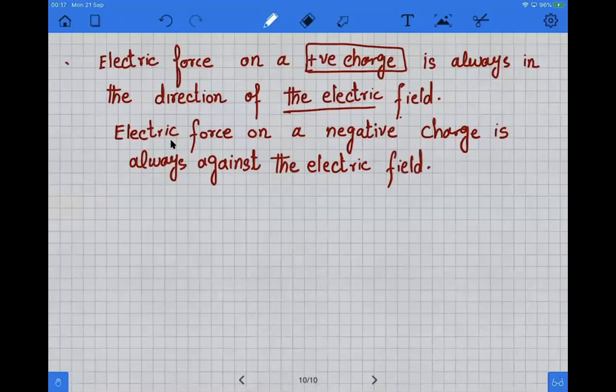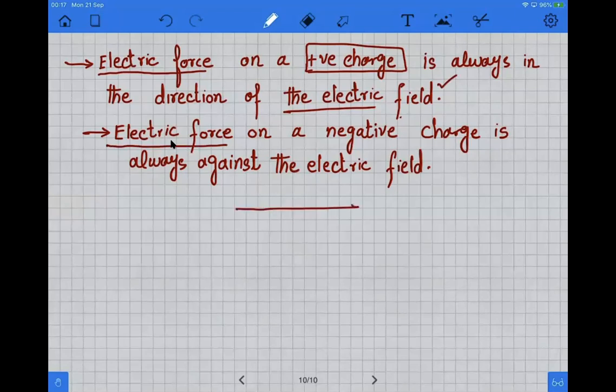So electric force on a positive charge and electric force on a negative charge. Electric force on a positive charge is always in the direction of electric field, while electric force on a negative charge is always against the electric field.